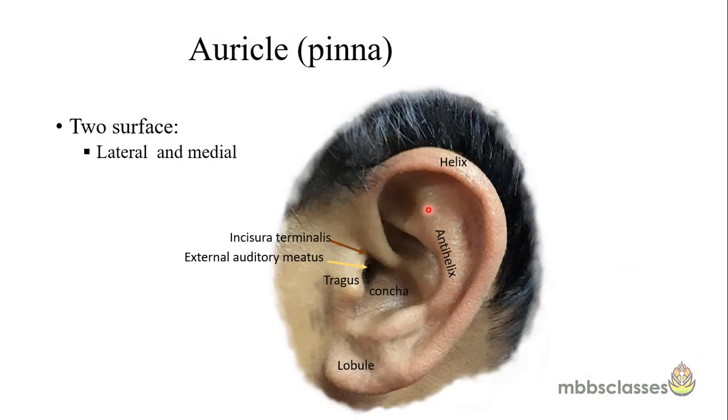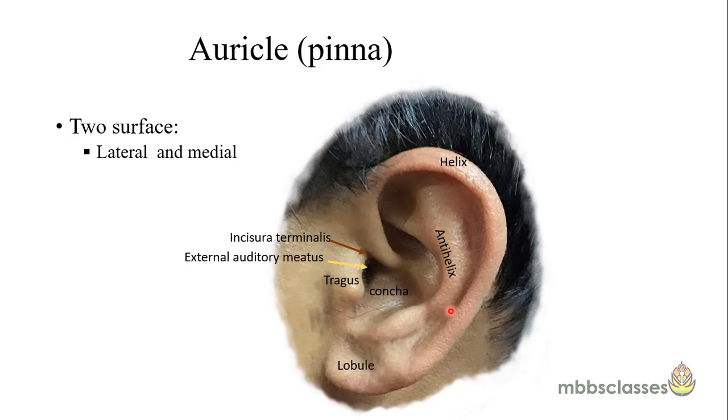Now let's see about the auricle. The auricle or the pinna has two surfaces. One is the lateral surface, which is facing outwards, or it is also sometimes called the anterior surface. On this lateral surface, we get ridges and depressions, and there are certain nomenclatures we'll discuss.